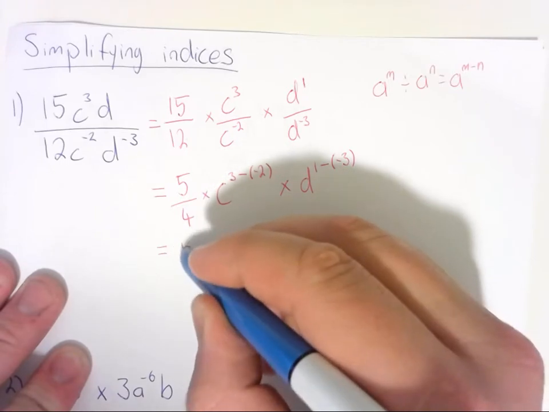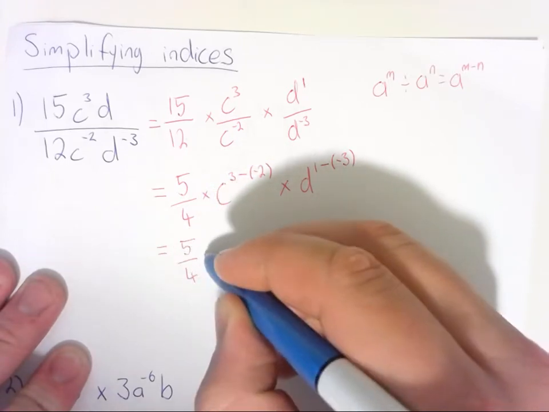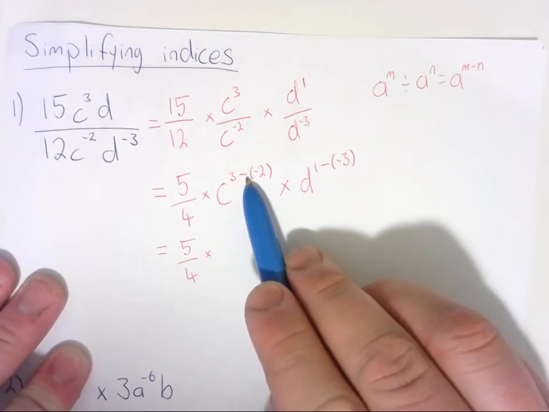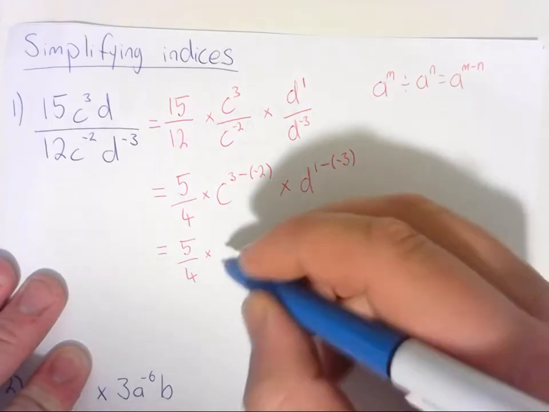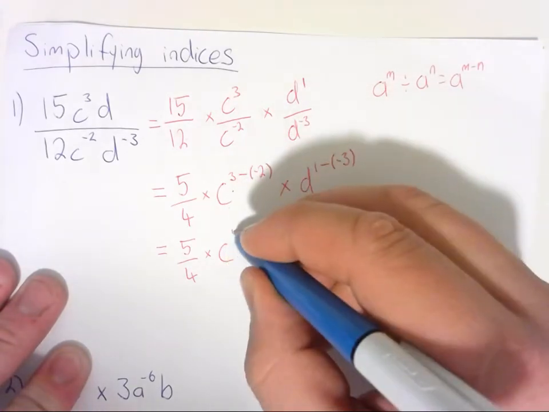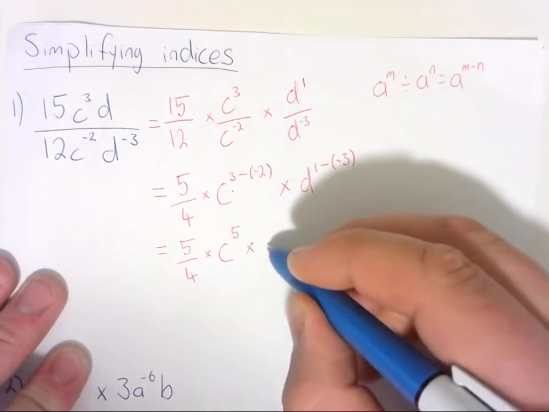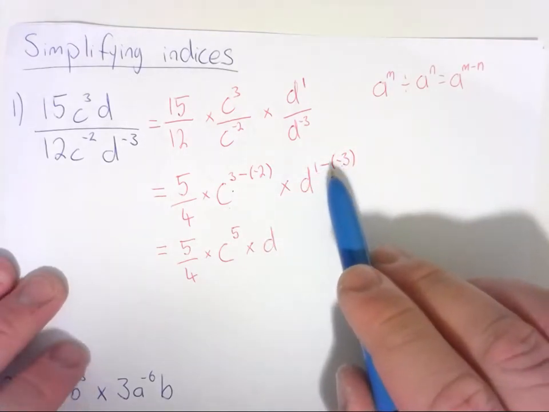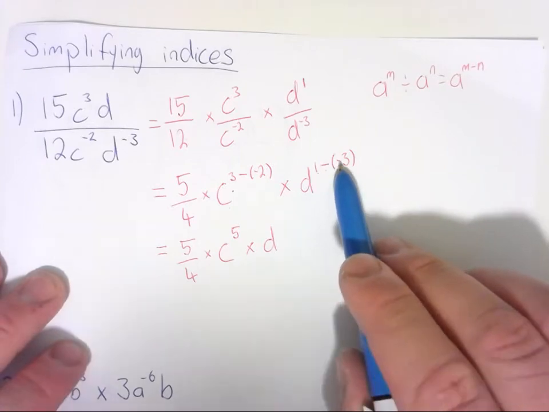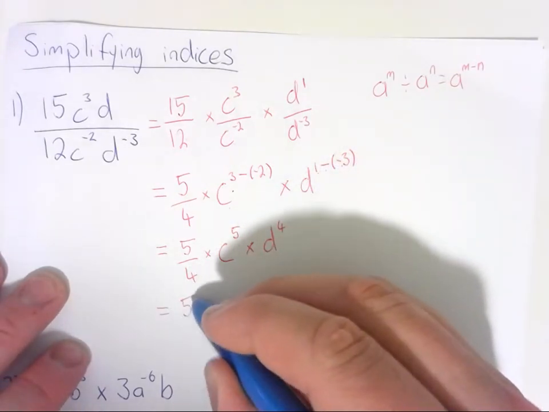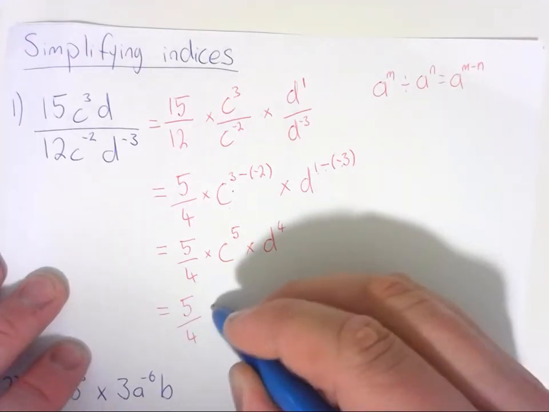I end up getting 5 on 4 times c to the 3 take negative 2, which is 3 plus 2, so c^5, times d to the 1 subtract negative 3, which is 1 plus 3, which is 4, with your final answer being 5 on 4 c^5 d^4.